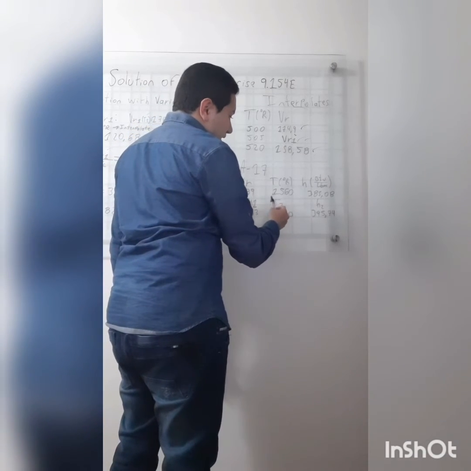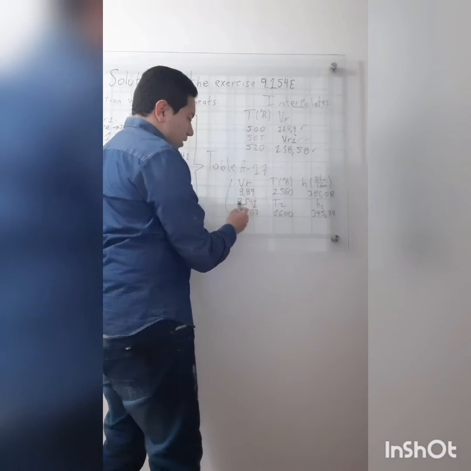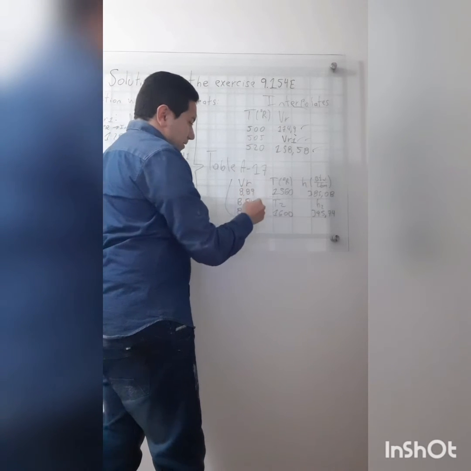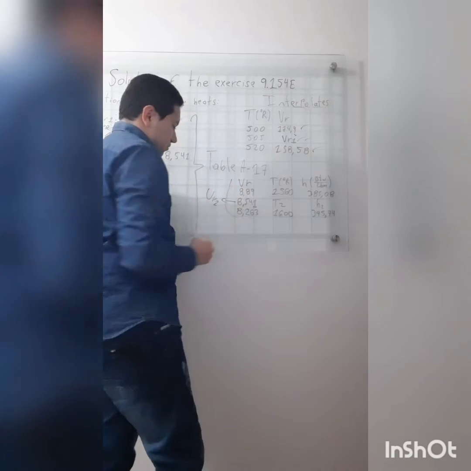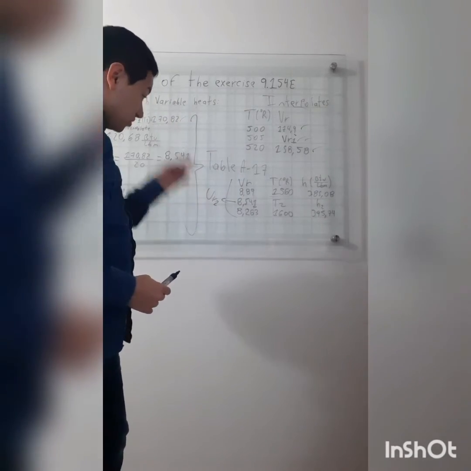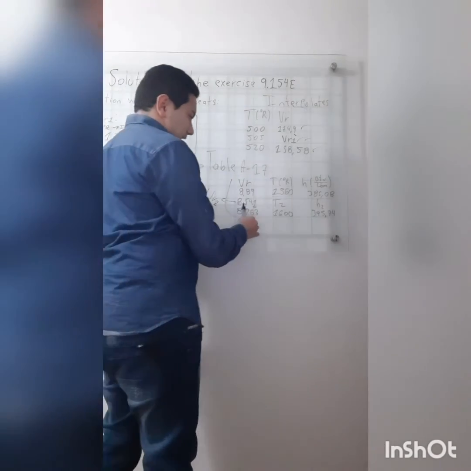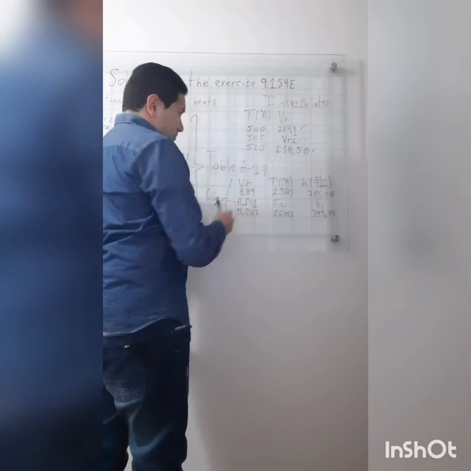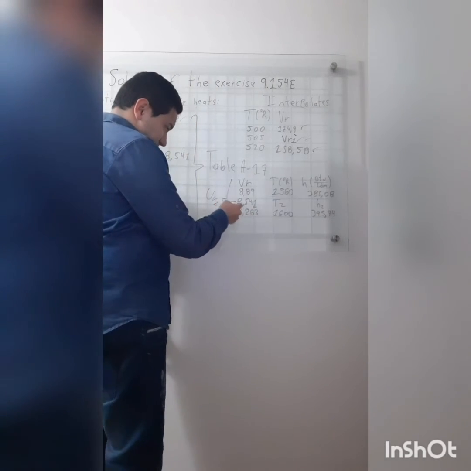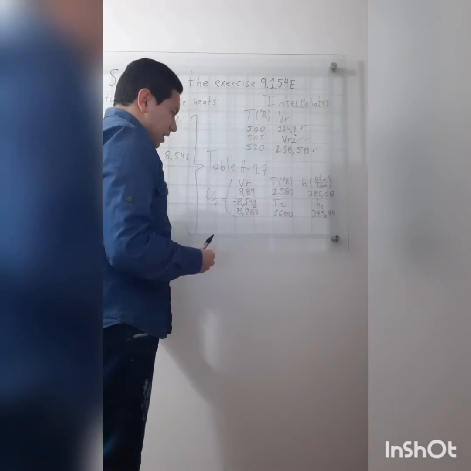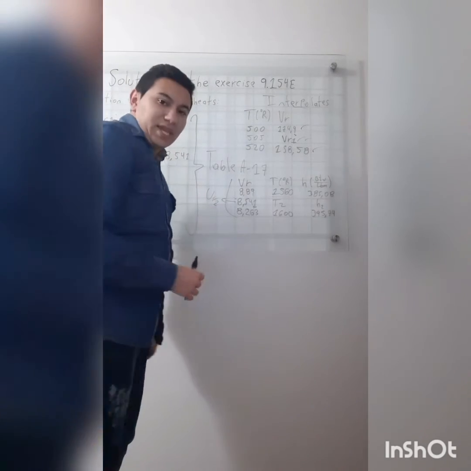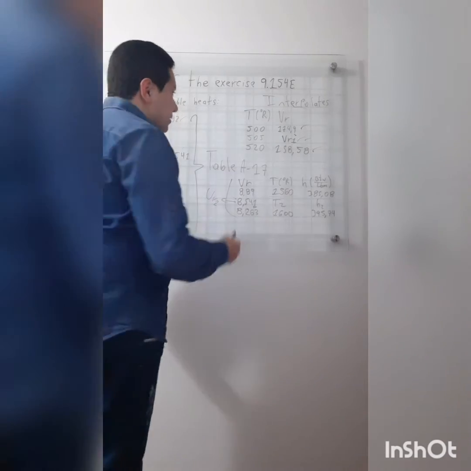For example, we found that this is v_r2, reduced volume 2, and we need to interpolate because this number isn't in the table directly, yes.